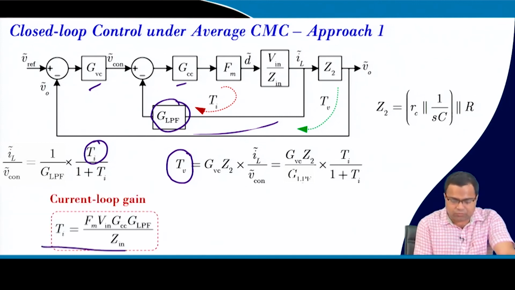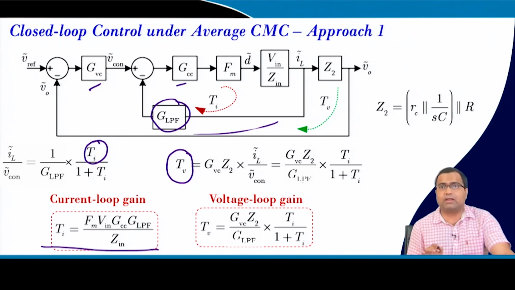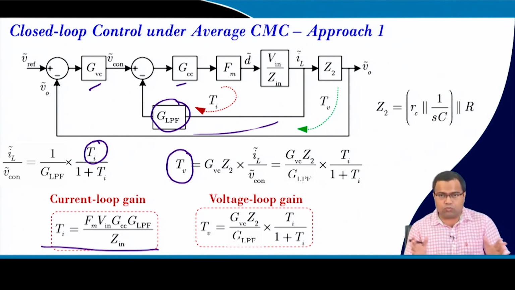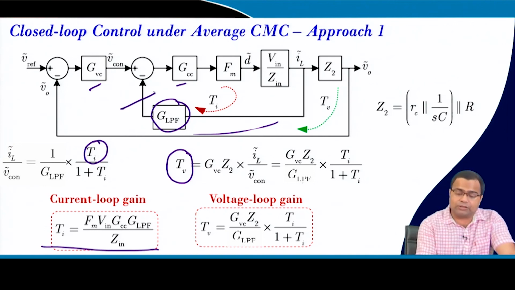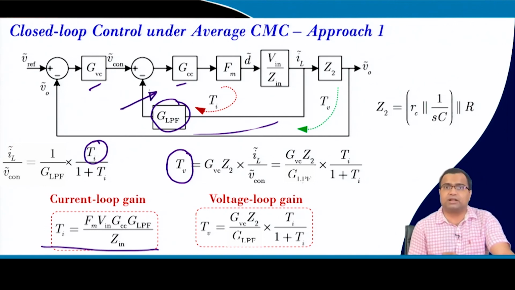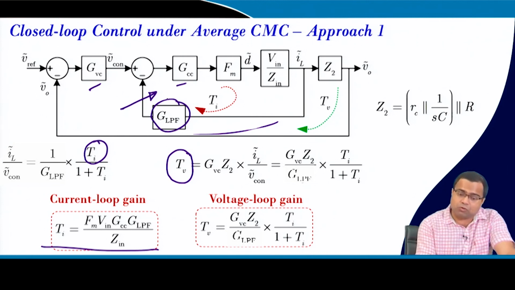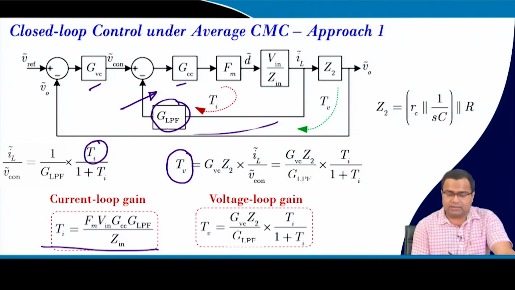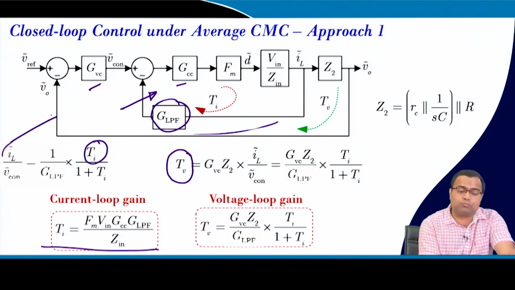This is the current loop gain, this is the voltage loop gain, and we have to make sure that the two loops are separated, because in 2 loop control the inner loop must be faster than the outer loop. So, if we slow down the inner loop in average current mode control by putting a low pass filter, we need to slow down the outer loop much slower.